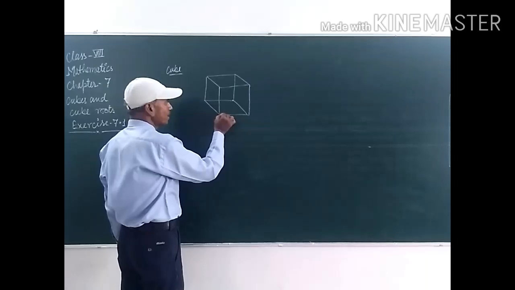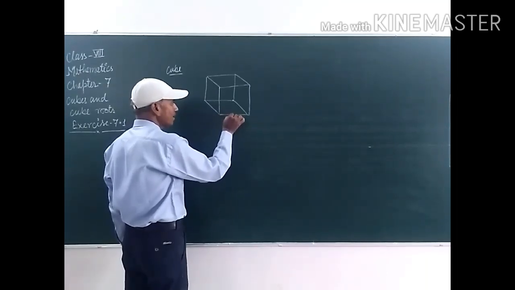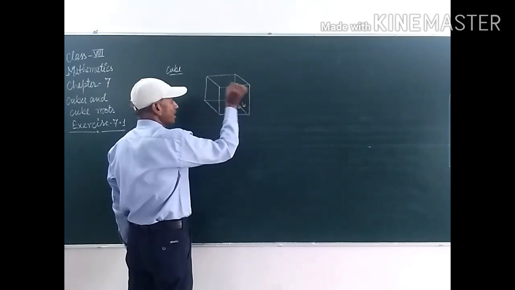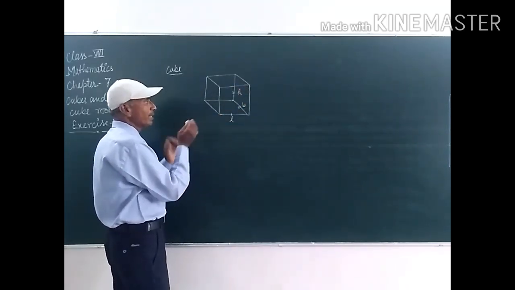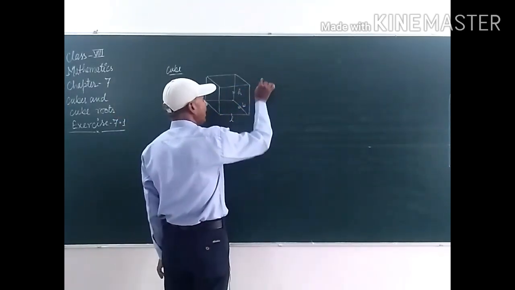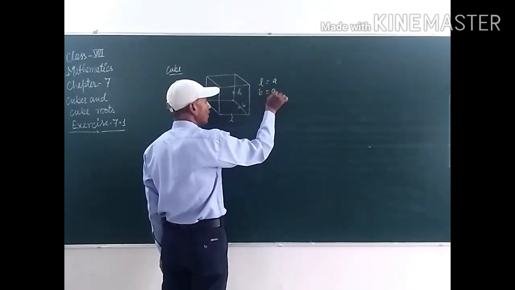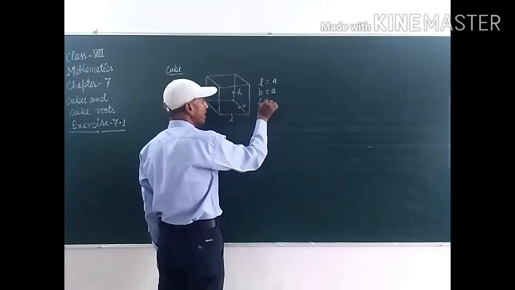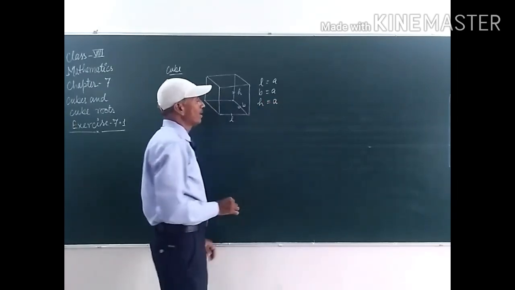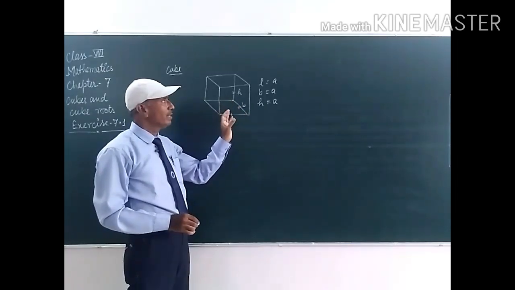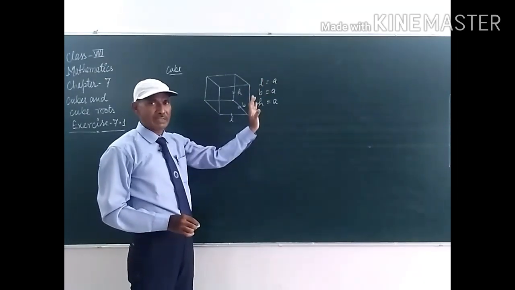In this one, this is length, this is width and this is height. Length is equal to A, width is equal to A and height is equal to A.